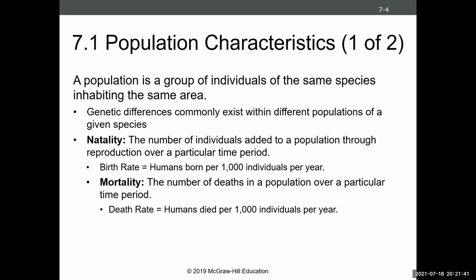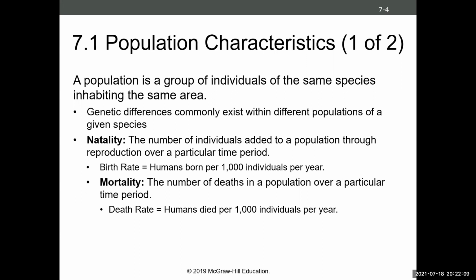Now, we can look at the number of individuals that are added to a population through reproduction over time, and that's referred to as natality. So basically like natal, right? And we can quantify that based on the birth rate.